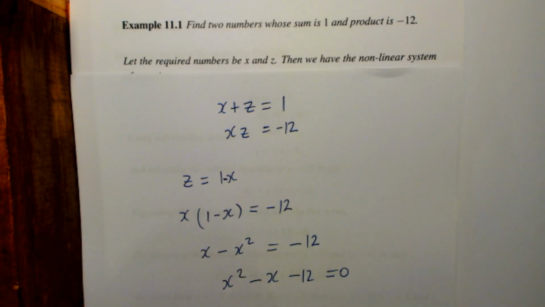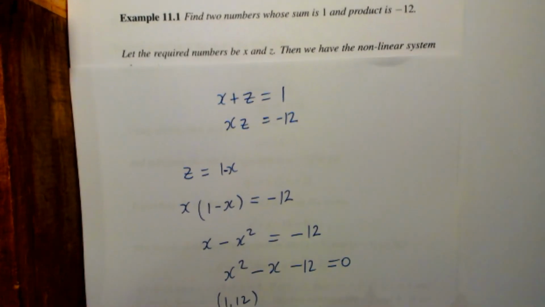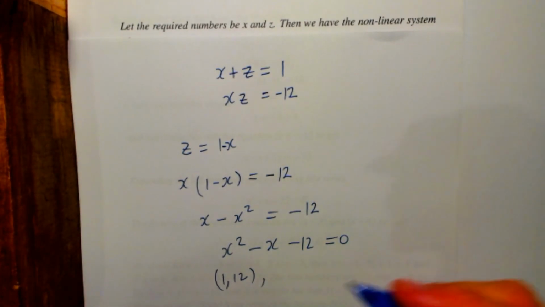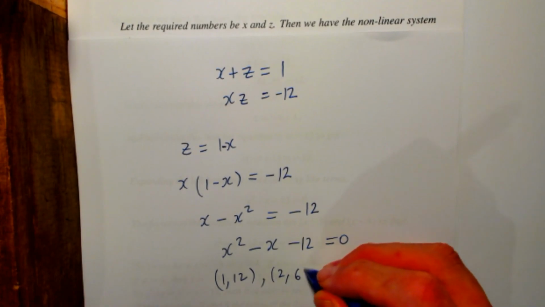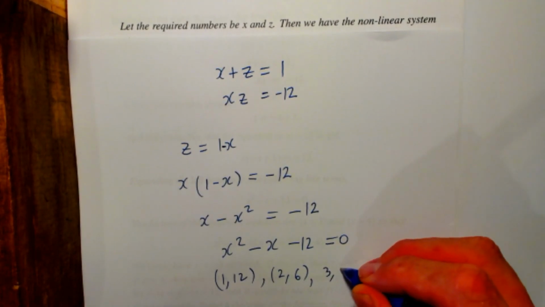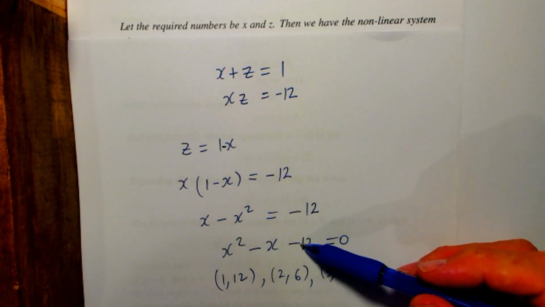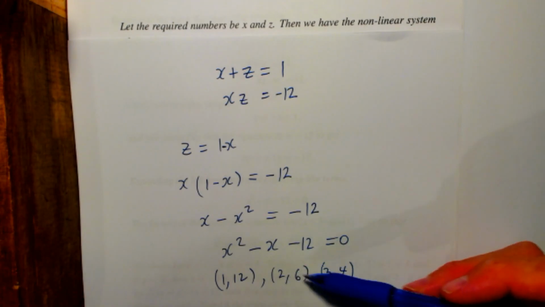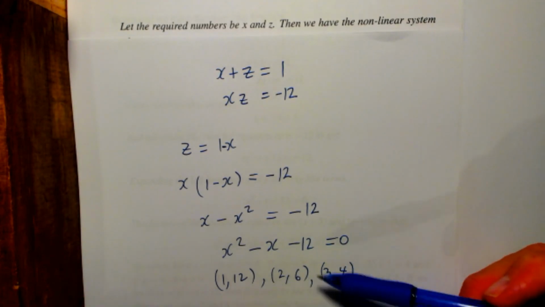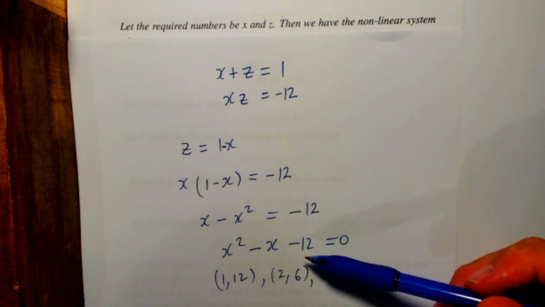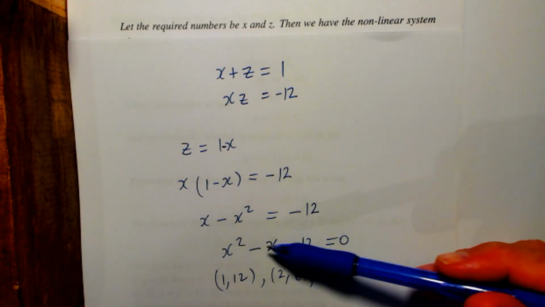Now the divisor pairs of 12 are 1 and 12, 2 and 6, and 3 and 4. Now this is negative, right? So I want one of these to be plus and the other to be minus. And so that means I need their difference to be minus 1.